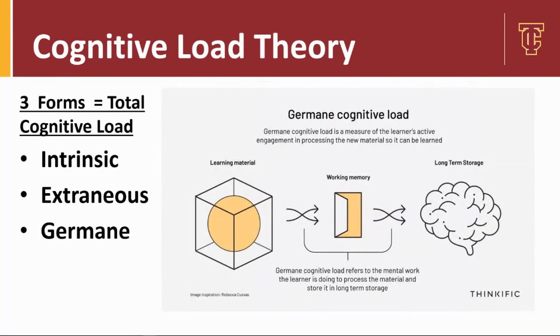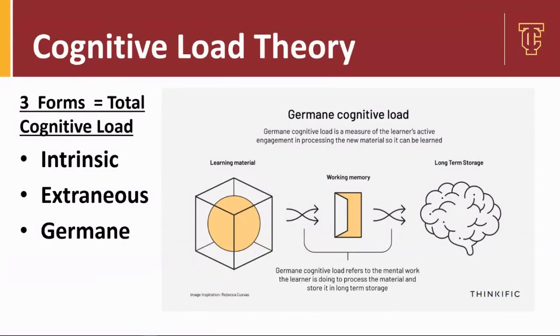And then we have the germane cognitive load. So when we think about the germane cognitive load, and again, I think this visual presents it very clearly for us, we're talking about the learner's active engagement in processing that new material.